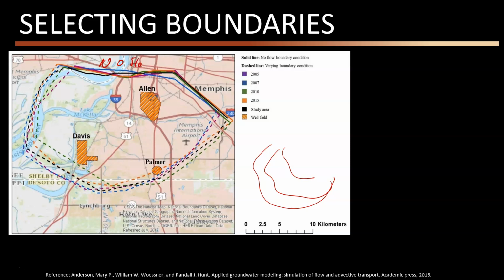So this is a no-flow boundary condition, and the dotted or dashed lines are the specified head boundary condition.